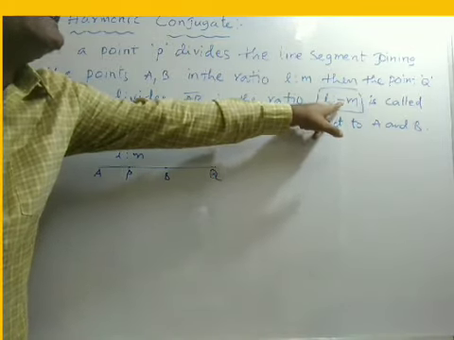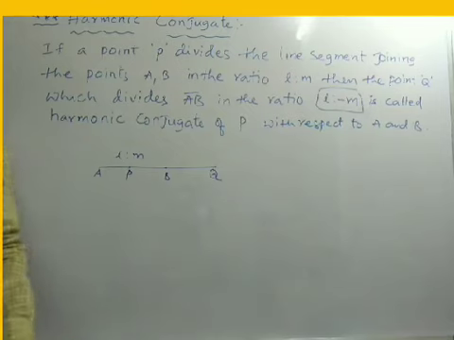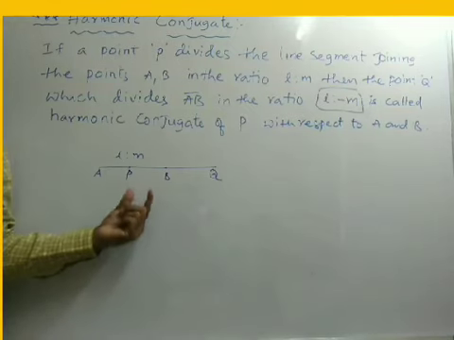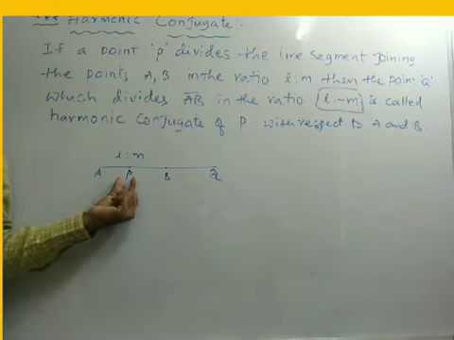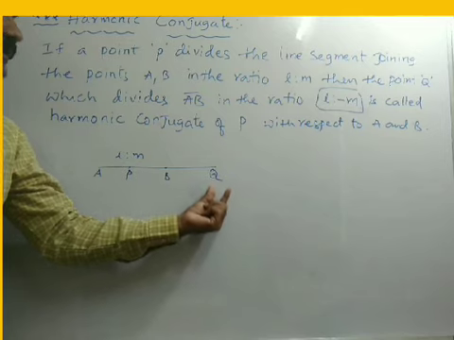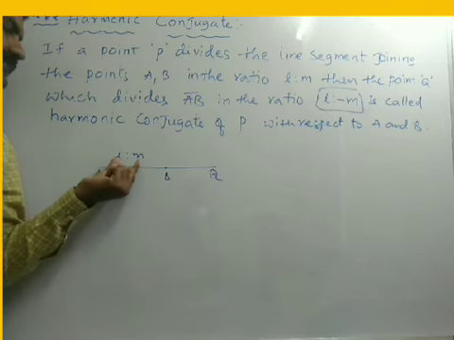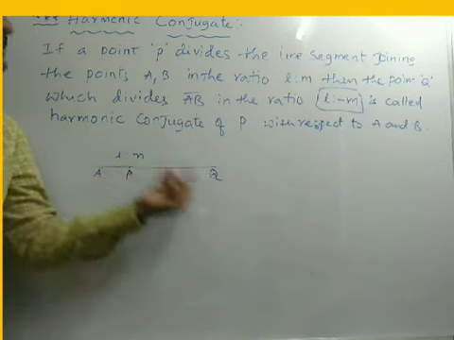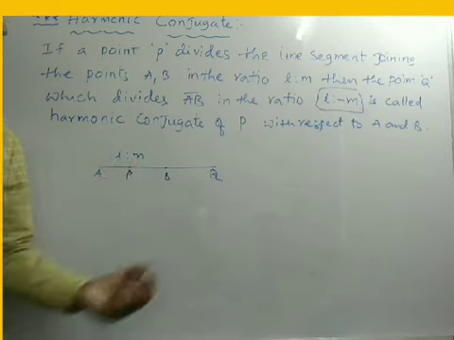This negative sign indicates that it divides externally. So please listen carefully. If P divides AB in such a ratio L is to M internally, then Q is a point which divides AB in the same ratio L is to M externally. Then P and Q are said to be harmonic conjugates of each other.